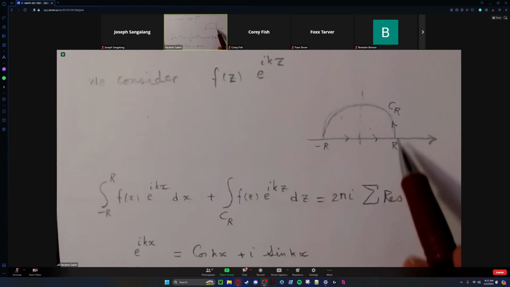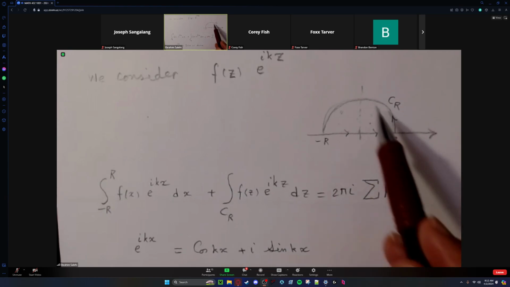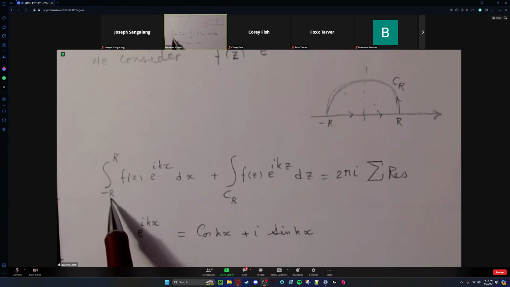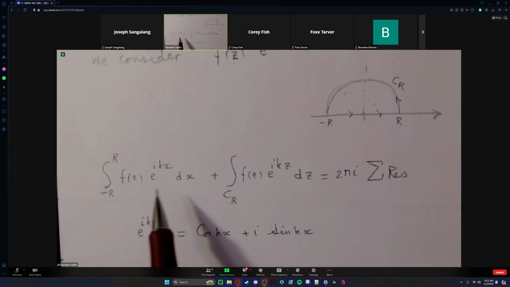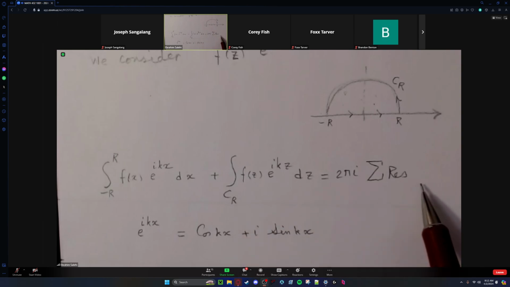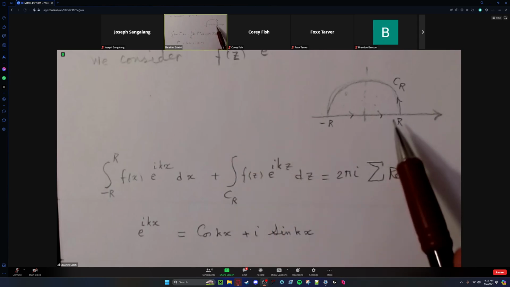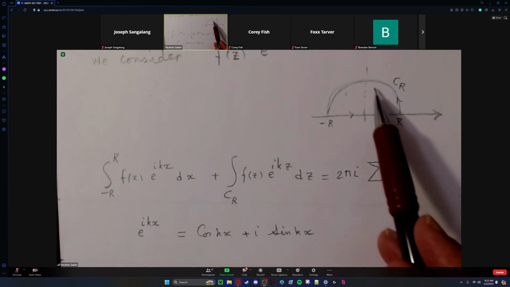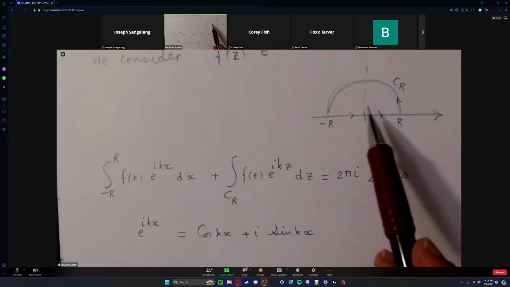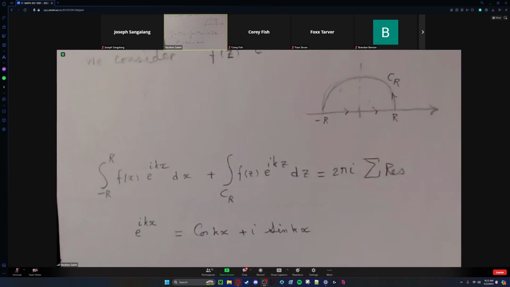And you integrate over this contour. Integrating over this contour, this part will give us both of those. This will go to 0. And on the right-hand side, you have 2 pi i times the residues of this function at the poles that are in the upper half plane. Okay, that is our strategy.